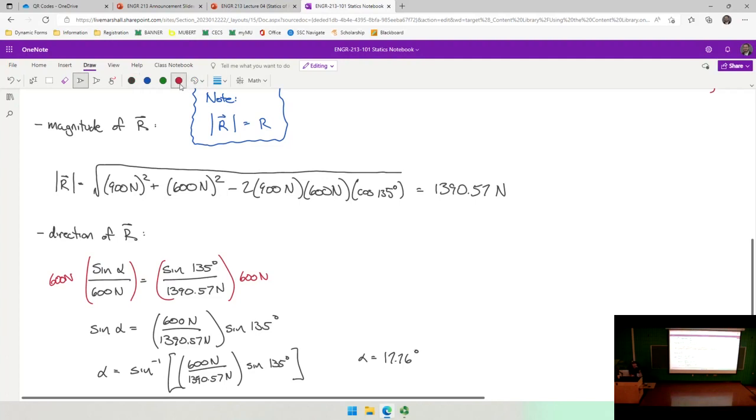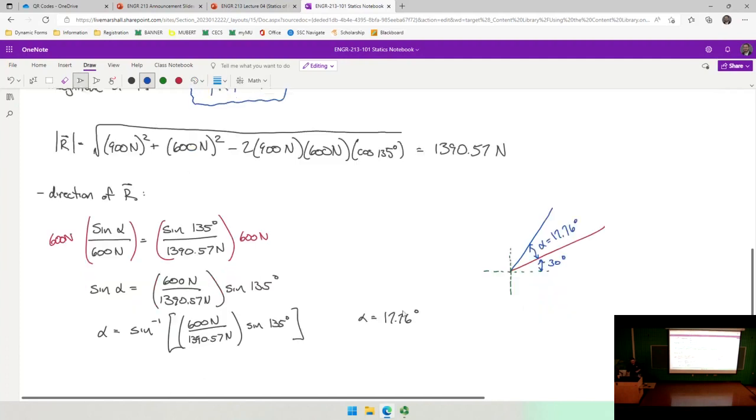We had a vector going like this, and then our resultant was going like this. Here's the beginning. Remember, we said that this was 30 degrees, and this angle right here is alpha, which is 17.76 degrees. Everybody okay with that?